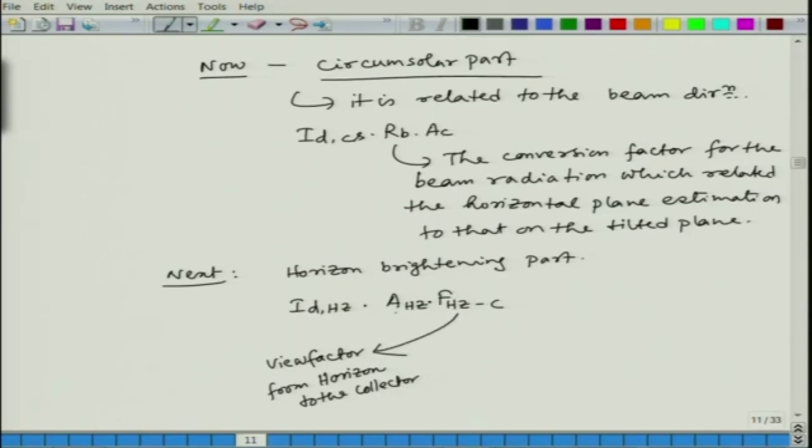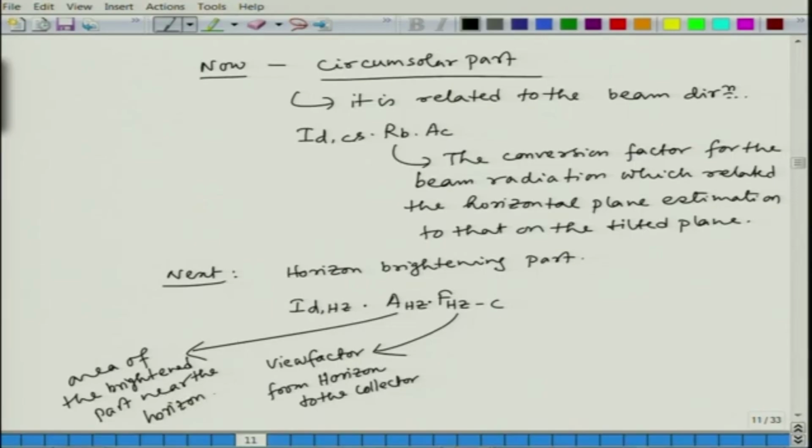Okay. And here AZ is the area of the brightened part near the horizon. Okay. That is how we designate it.